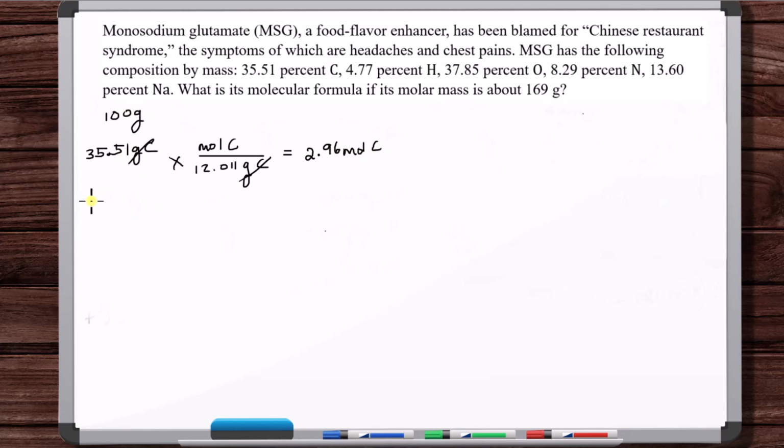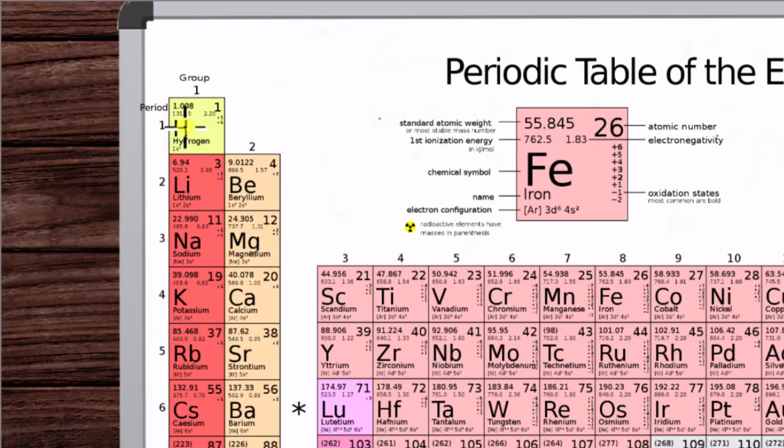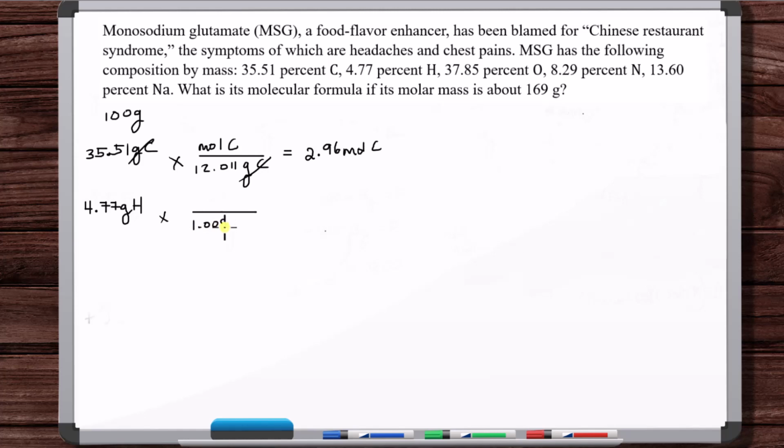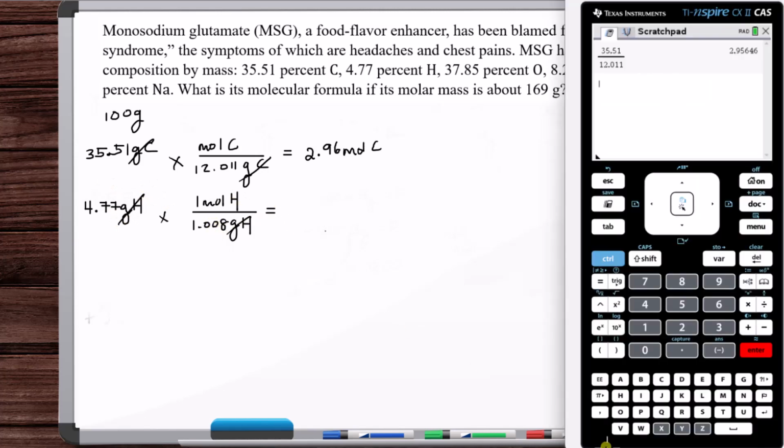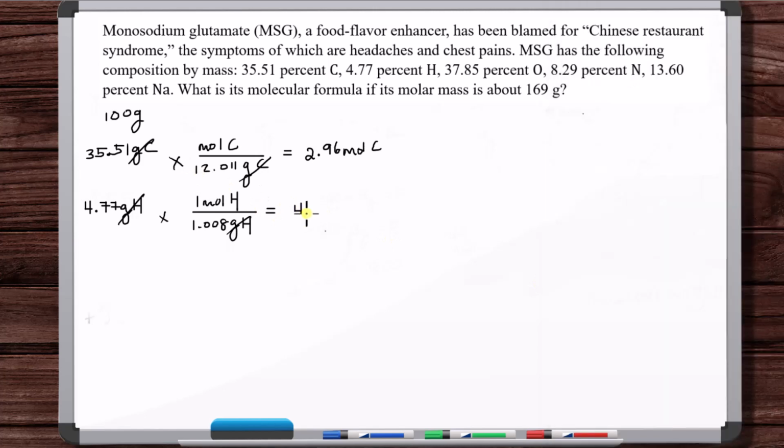All right, so we've got 4.77 grams of hydrogen, and the molar mass of hydrogen is 1.008, so 1.008 grams of hydrogen for every 1 mole of hydrogen. That gives 4.73 moles of hydrogen.